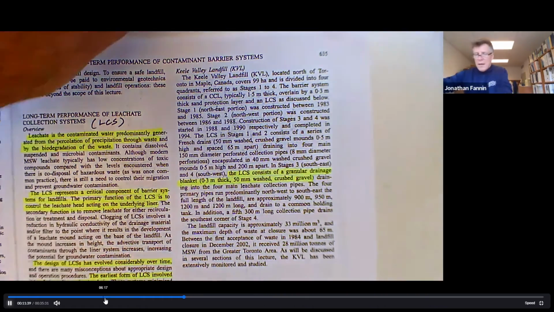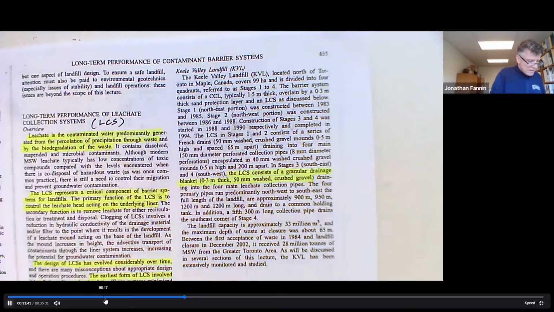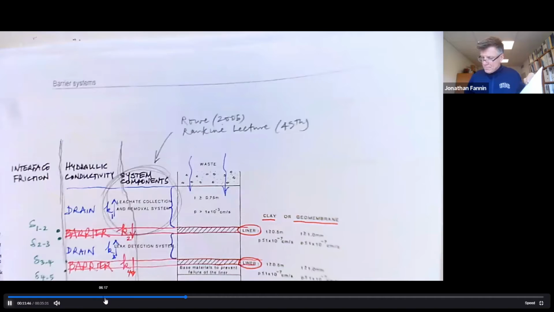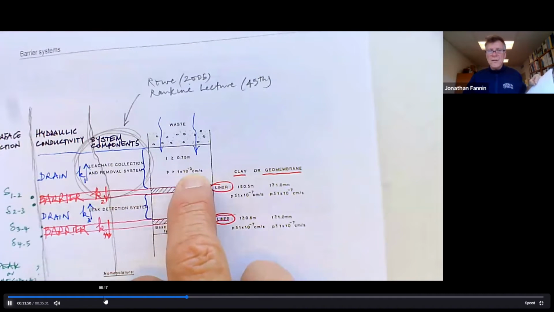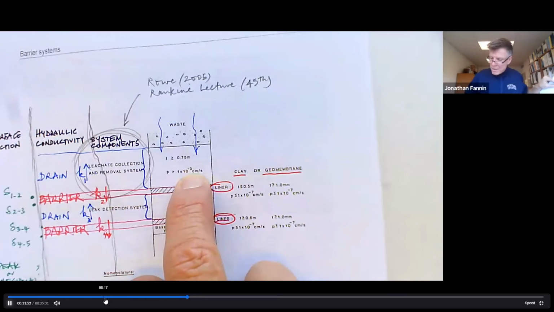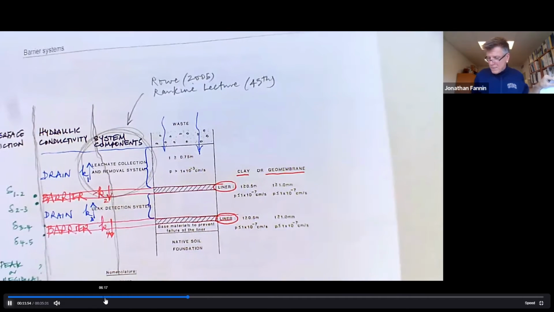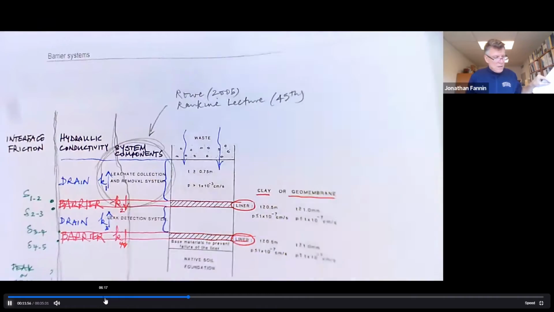Okay, and if we take that into consideration with our BC scenario, originally we had a hydraulic conductivity greater than 1 × 10⁻³ in the BC regulations.